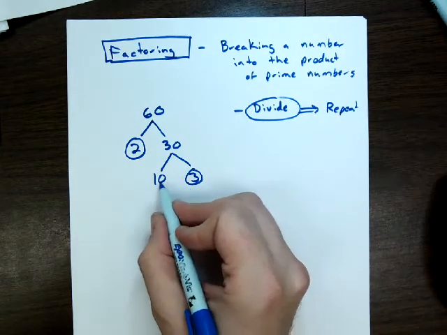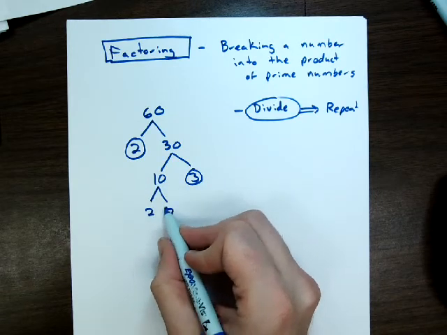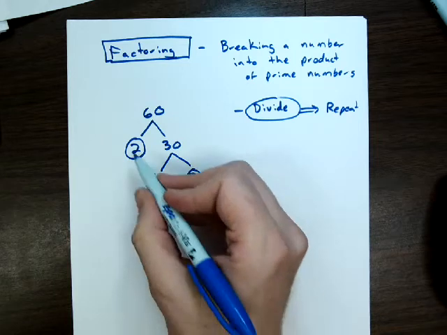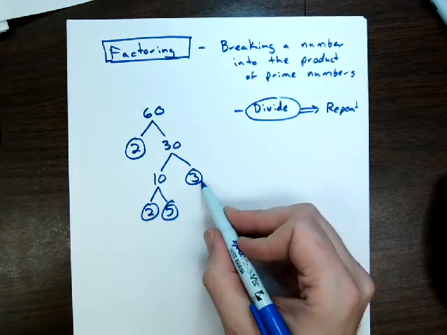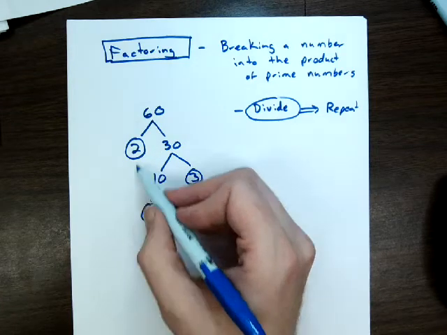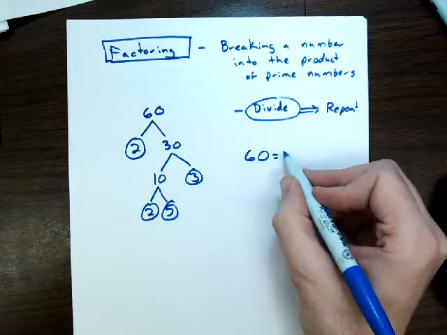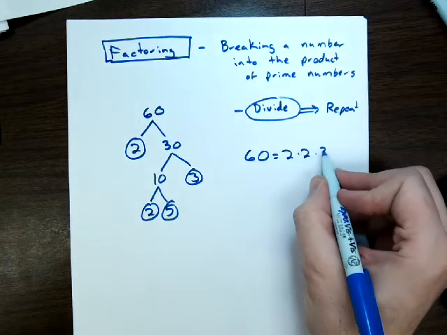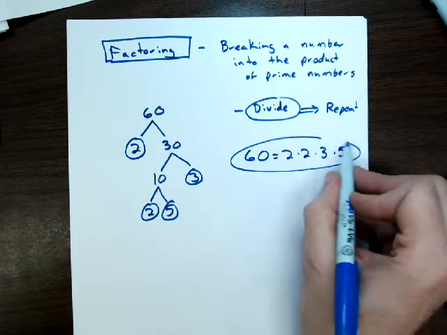Well, 10 I can divide into 2 and 5. So 60 is 2 times 2 times 3 times 5. I'm organizing these in ascending order, but that's going to be it. And we're done right there.